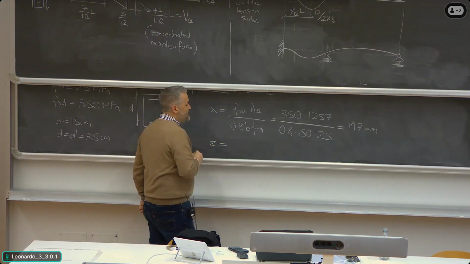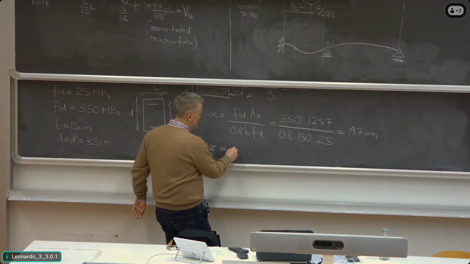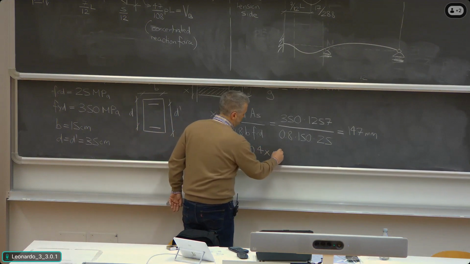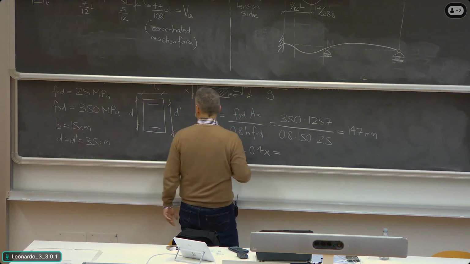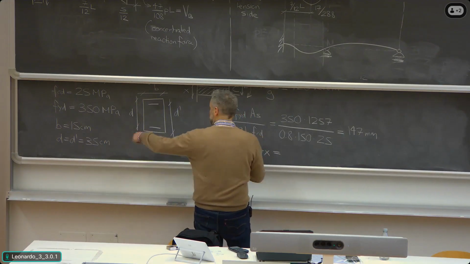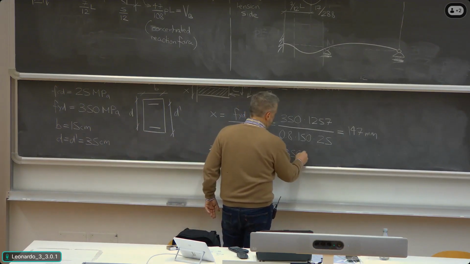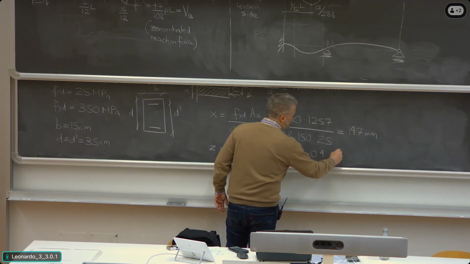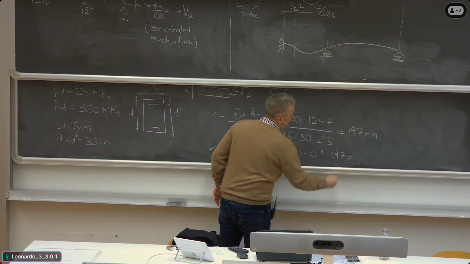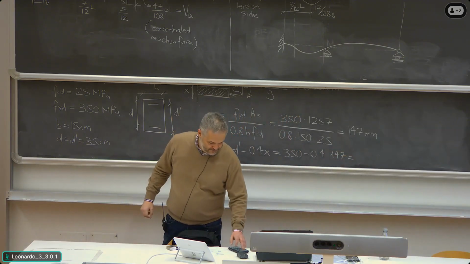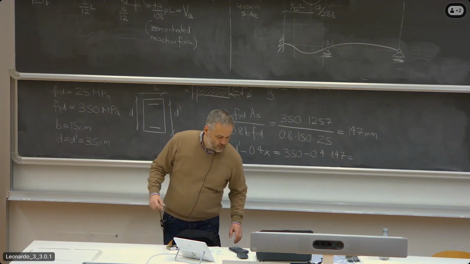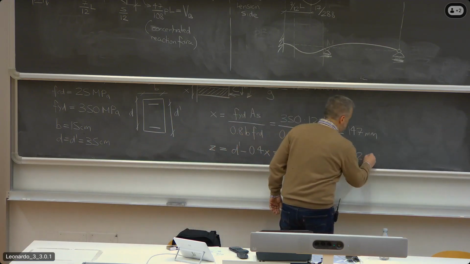Z, again, the equation was provided. It's D minus 0.4x, which means D is the prime, I should say, 350 minus 0.4 times 147, and the value is 291 millimeters.